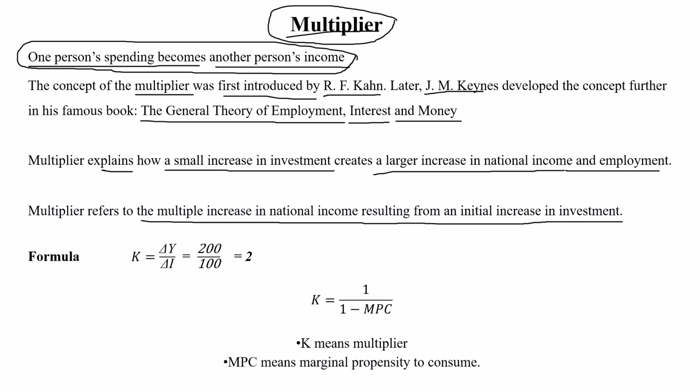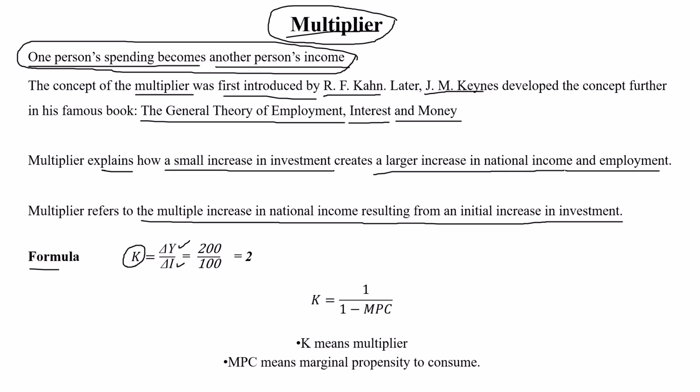Here we can see the formula. K equals delta Y upon delta I, where K represents the multiplier, delta Y represents the change in income level, and delta I represents the change in investment.